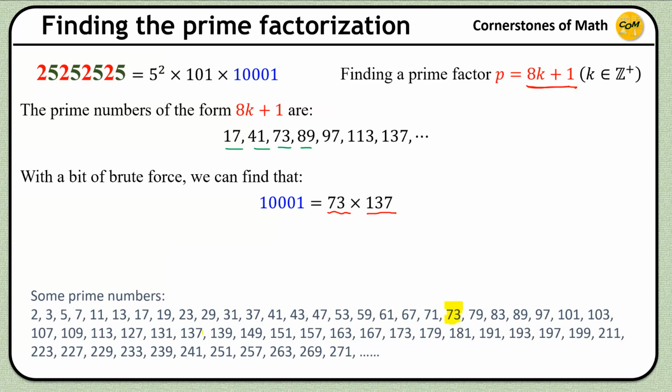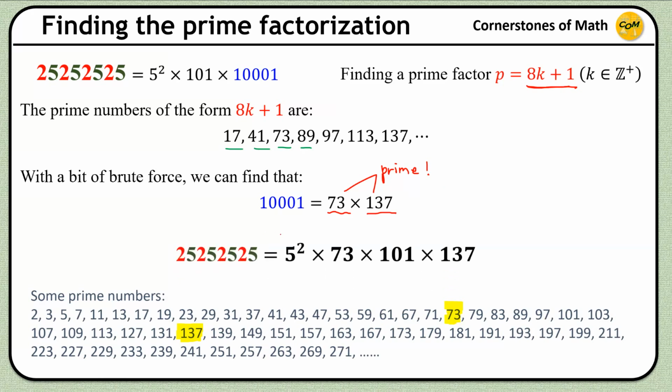And both 73 and 137 are prime numbers. Therefore, the prime factorization process is finished, and we obtain the final expression: 25 repeated 4 times is equal to 5 squared times 73 times 101 times 137.